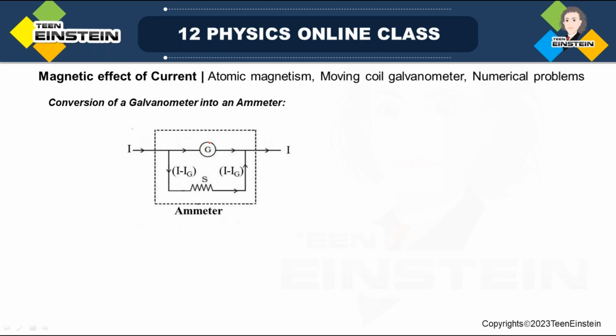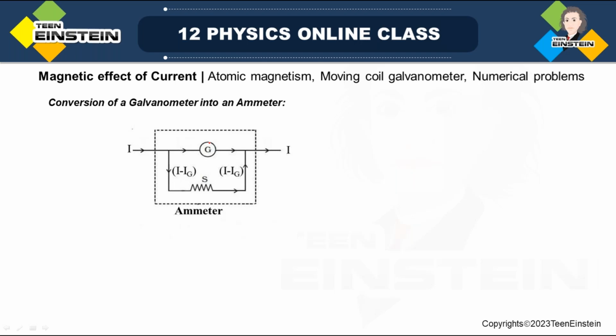Or in other words, can we use the galvanometer directly as an ammeter? Answer is no. So there must be some modifications made in the galvanometer. We'll see what kind of modifications we should make and what is the underlying theory in that.